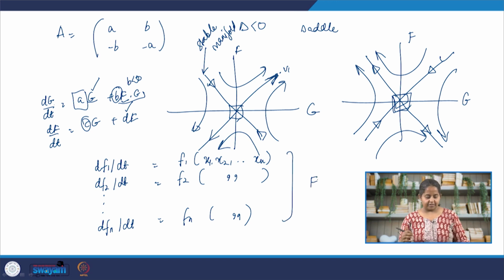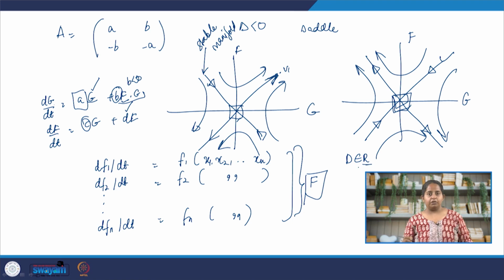Now this has n dimensions, n variables that are dynamic variables, they're changing with time. This system F will have a unique solution in an open connected set D that belongs to the real numbers, for a time interval minus tau to tau, if within this domain F is continuously differentiable.